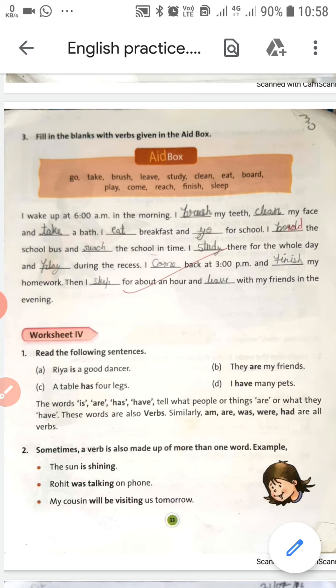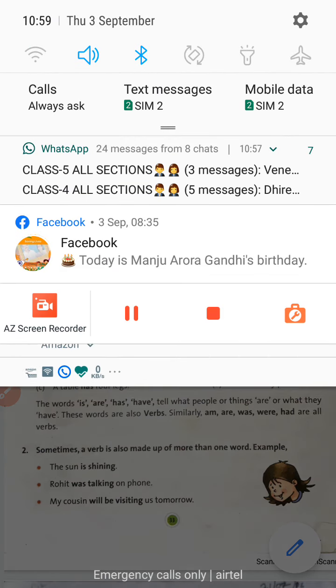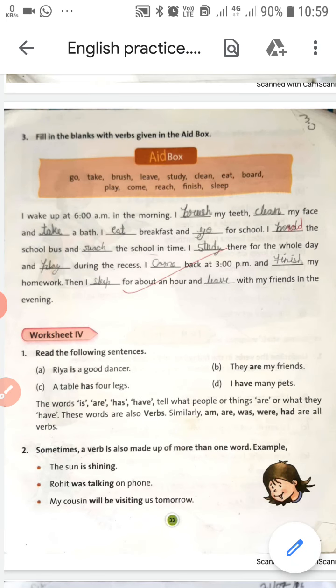Now, what do you have to do with the person? When we are working in simple present tense and we have to frame a sentence, and the subject is the first person, then if we have to fill the blank with the verb, the verb must be in its basic form, and that is V1.